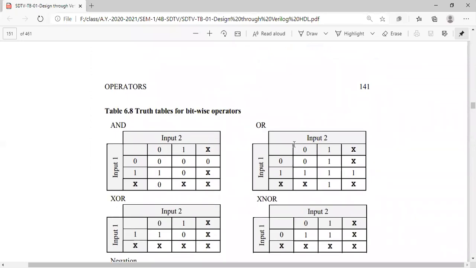So you have the tables which we have studied in our previous classes, in STLD. For 0 0 the output is 0, for 0 1 it is and, so it is 0, for 0 and X it is 0. 1 0 is, since it's and, right?